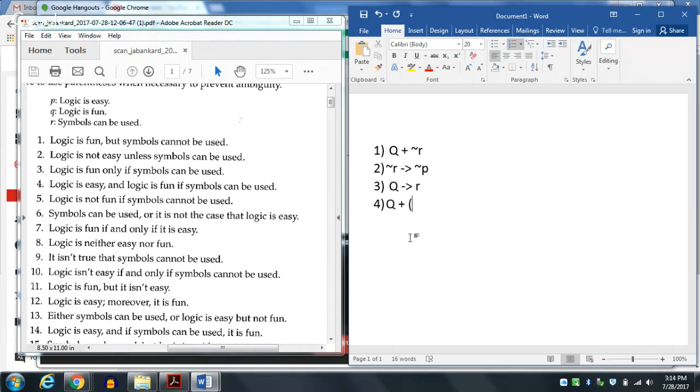So what comes after the if is symbols can be used, R. What comes before the if, in this case, is the consequent, which is logic is fun.